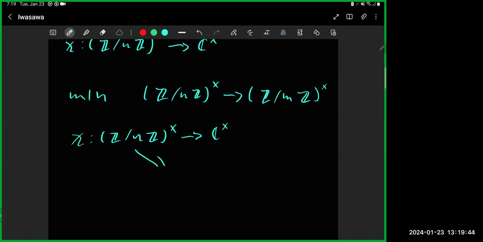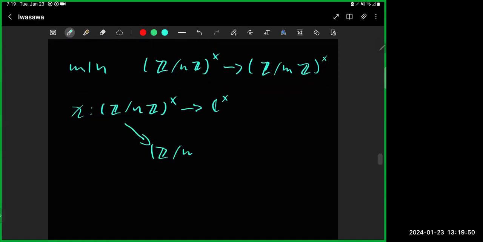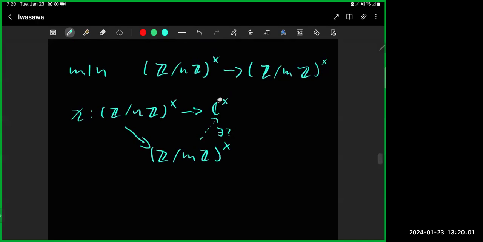Then we have this natural map into Z over MZ, and the question is, when does chi factor through Z over MZ?